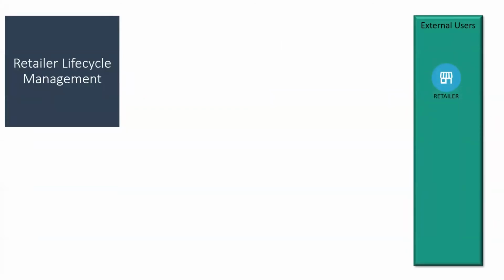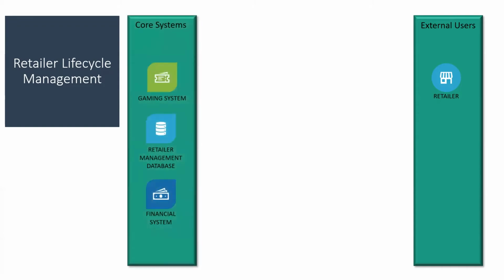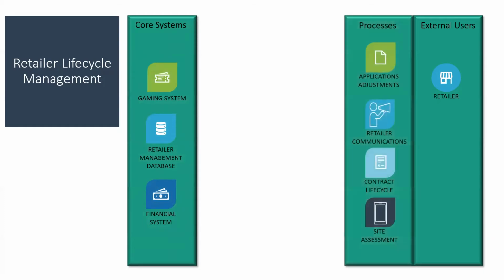Retailer lifecycle management addresses the people and processes not covered by traditional systems and brings them together with a configurable solution customized to fit your specific business needs. First, we have the retailer, and then we have the core systems. Then we look at the processes. What are the applications and adjustments, the retailer communications, the contract lifecycle and site assessments.